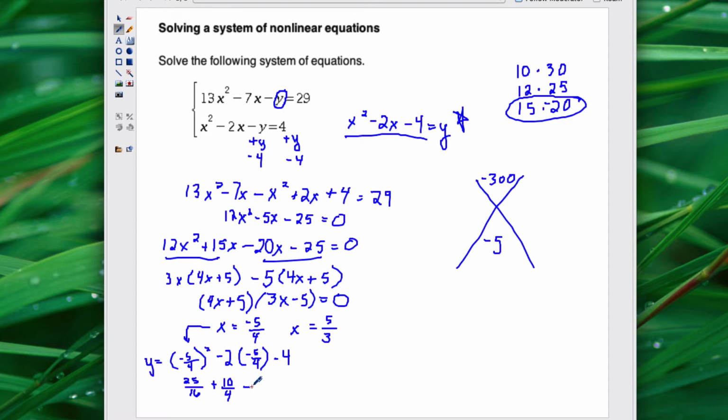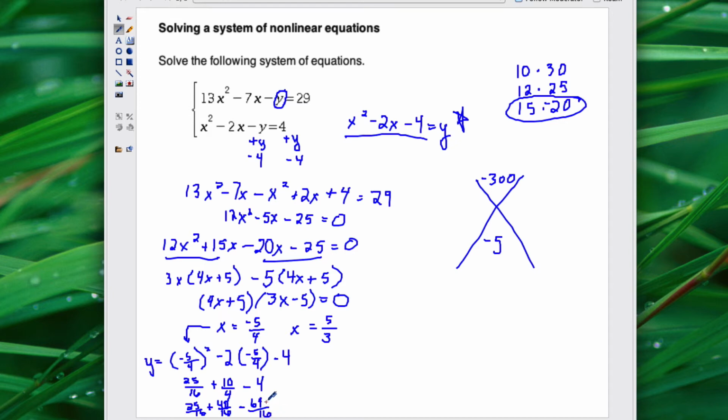Minus 4. Okay, so I need to get a common denominator here, so I'm going to rewrite this as 16. So 4, I'm going to need to multiply this by 4 over 4, so that's 40. We've got 25 over 16 plus 40 over 16 minus, I'm going to multiply this by 16 over 16. And so that's 16 times 4 is 64.